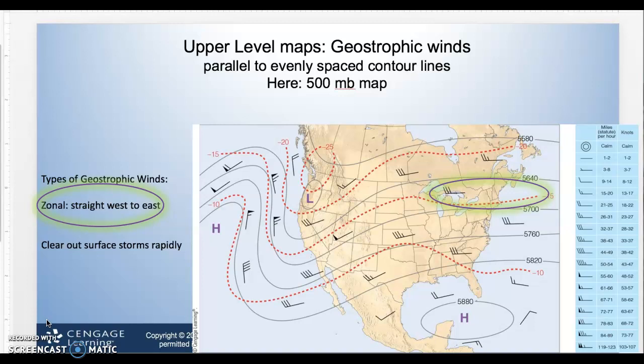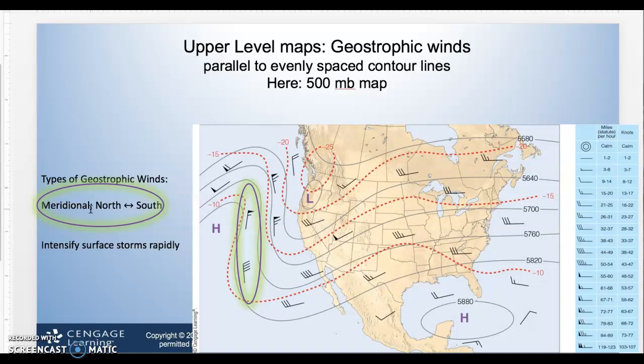You know that they're going to show geostrophic winds here that are parallel to evenly spaced contour lines. And you are going to find out that zonal geostrophic winds are generally straight from west to east. They clear out surface storms rapidly. On the other hand, meridional winds, hard to say, are basically north to south winds or south to north winds.